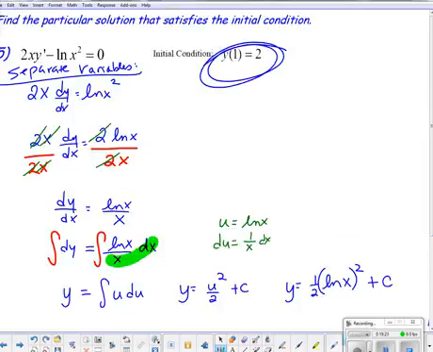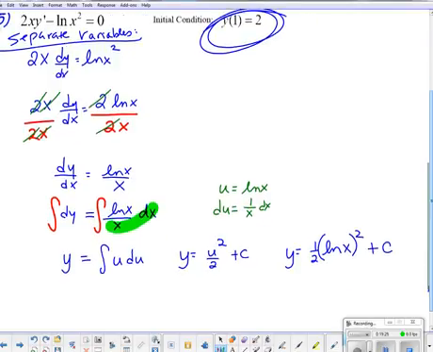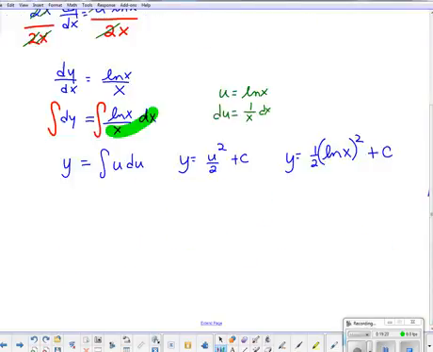We've got y of 1 equals 2, an initial condition. And anytime we have an initial condition, we can actually solve for c. So take this initial condition and use it. So the initial condition was, I gotta relook at it, (1, 2).